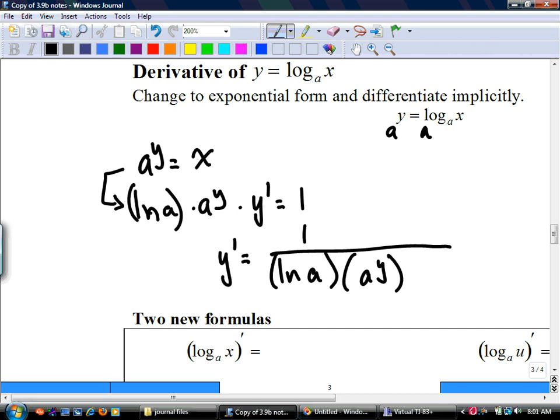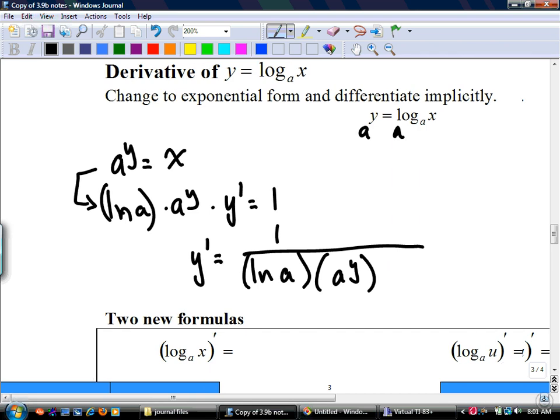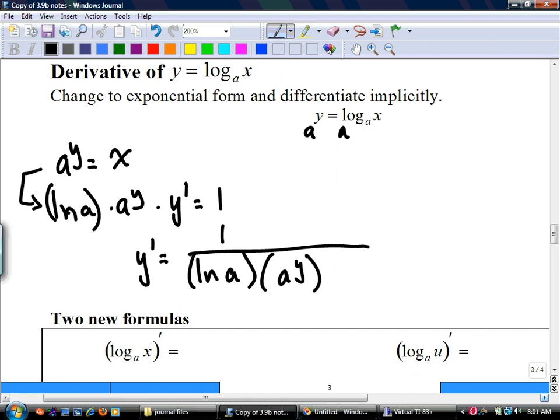Everybody know what a to the y is? What is it? x. Take a look at this. a to the y equals x, it's right here. I'm overkilling it, and you guys are doing it fast. Anybody know what a to the y is? It's x.